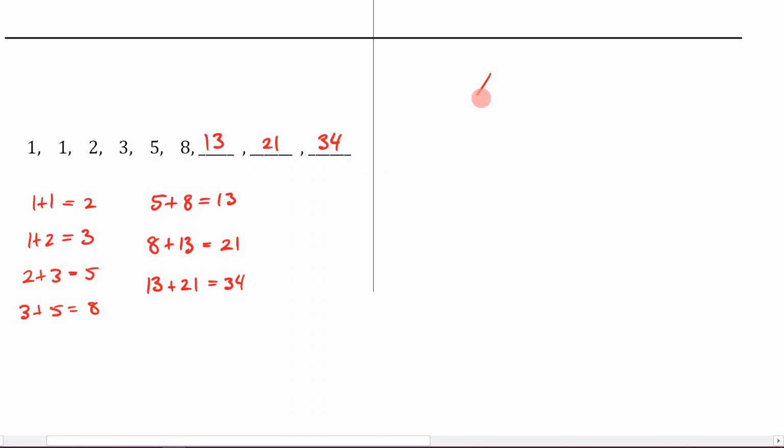What we call this is the, and I'll make sure I get the spelling right here, Fibonacci sequence.